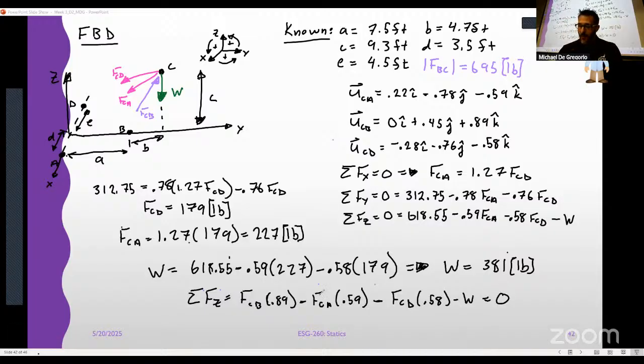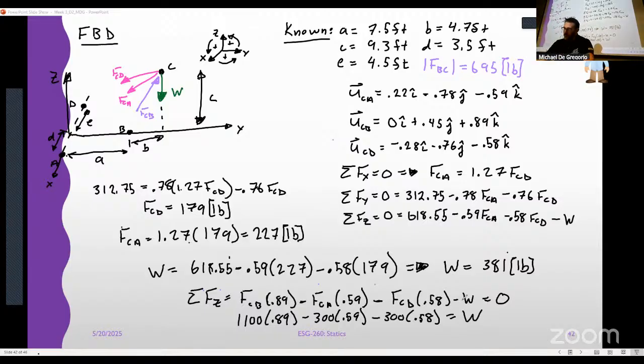We have all of these. 1,100 times 0.89 minus 300 times 0.59 minus 300 times 0.58 is equal to the weight. Turns out that if you crunch all of those numbers, the weight is equal to 628 pounds, roughly. Done.